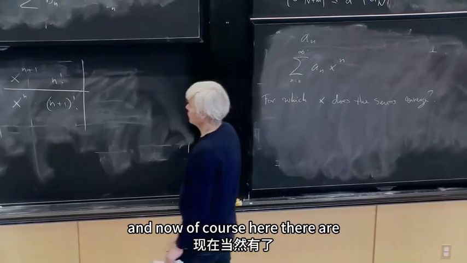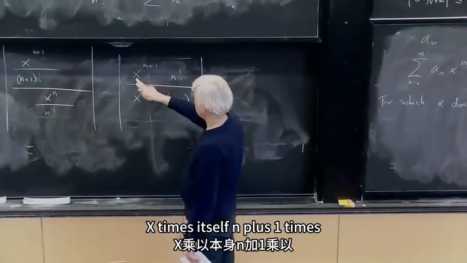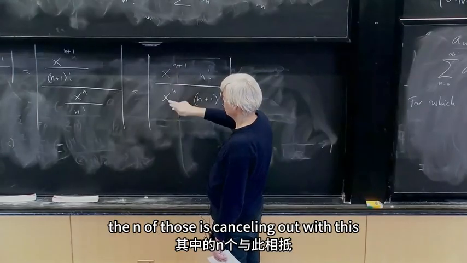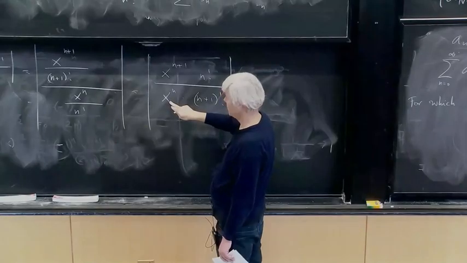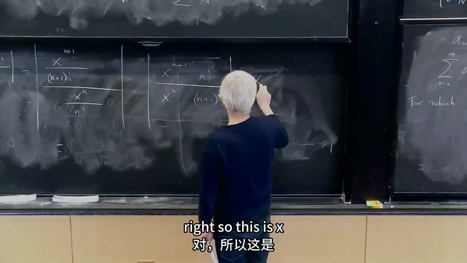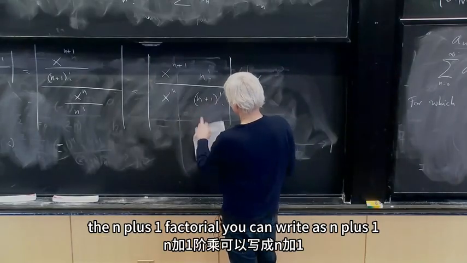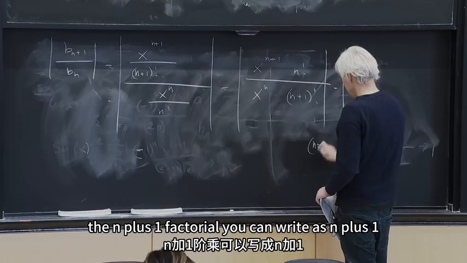Now, here there are x times itself n plus 1 times. The n of those are canceling out with this. So this is x. And here you see the n plus 1 factorial.